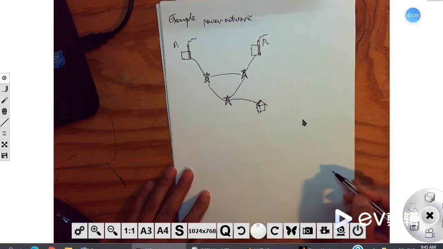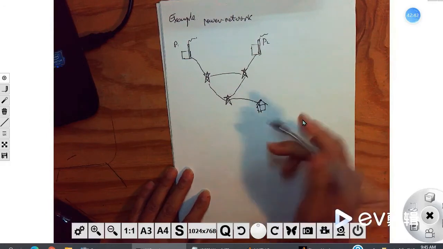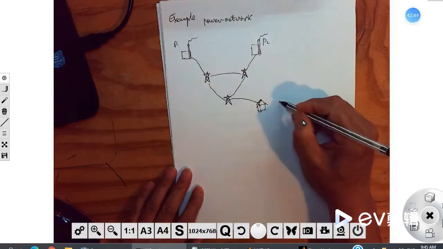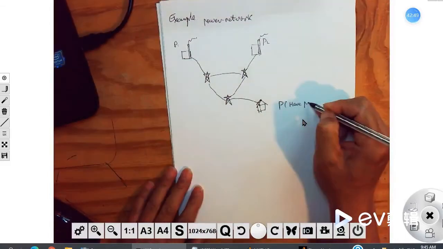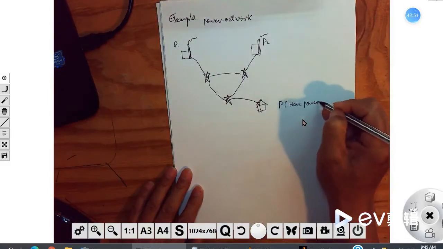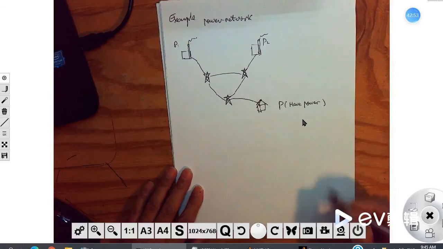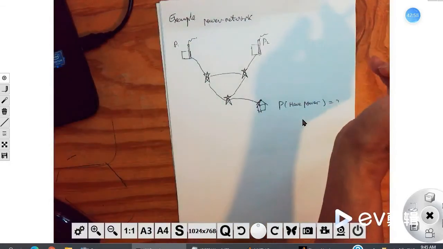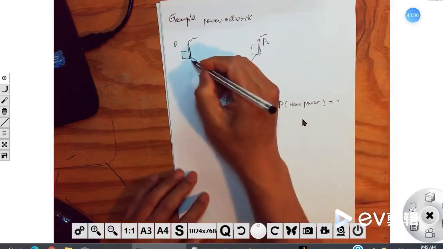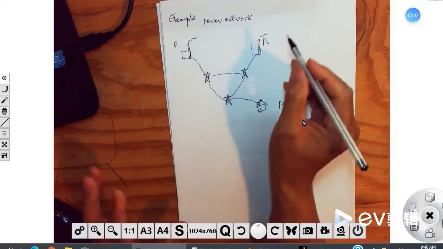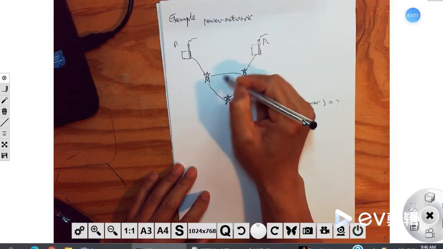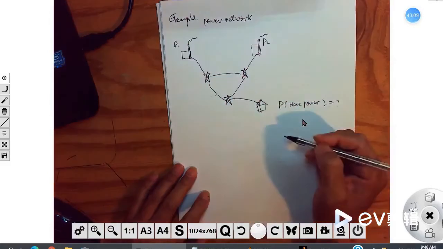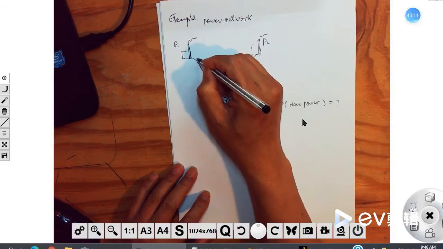All right. Now we want to consider the probability you have power, equal to 1. And we have some restrictions. Suppose plant 1 and plant 2 always work. So we only consider the case where the wire gets something wrong. So suppose this one works.